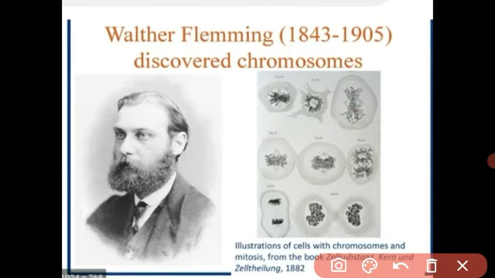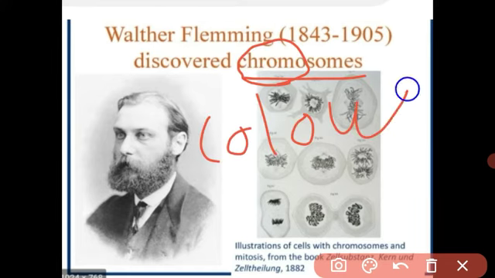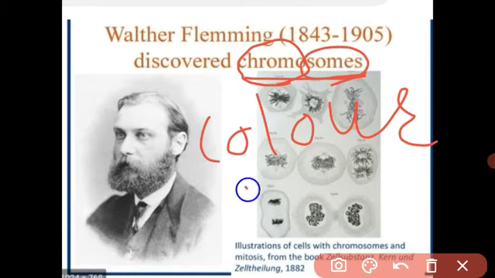Whenever he observed the nucleus under the microscope, he saw some thread-like structures. They are condensed. When he dyed the substance and observed the nucleus under the microscope, he saw the colored body, and he gave the name chromosome. Chromosome means what? Chromo means color and some means body.